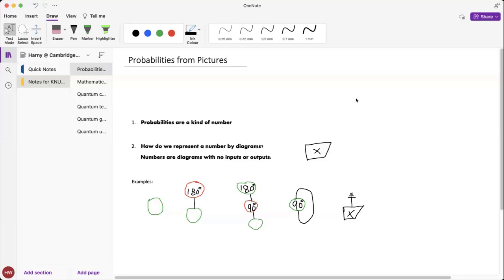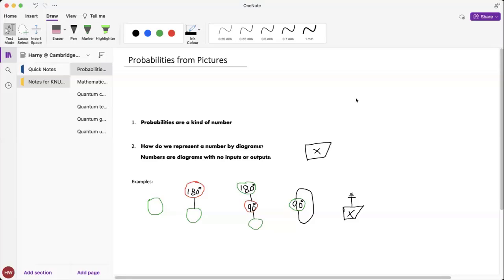So now it's time to deal with this kind of probabilities. Because this course is about pictures for quantum theory, what do probabilities look like in this picture formalism?